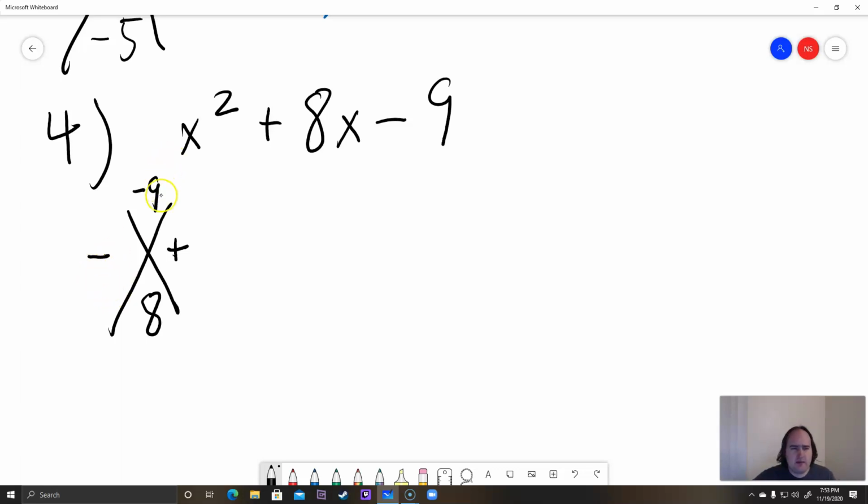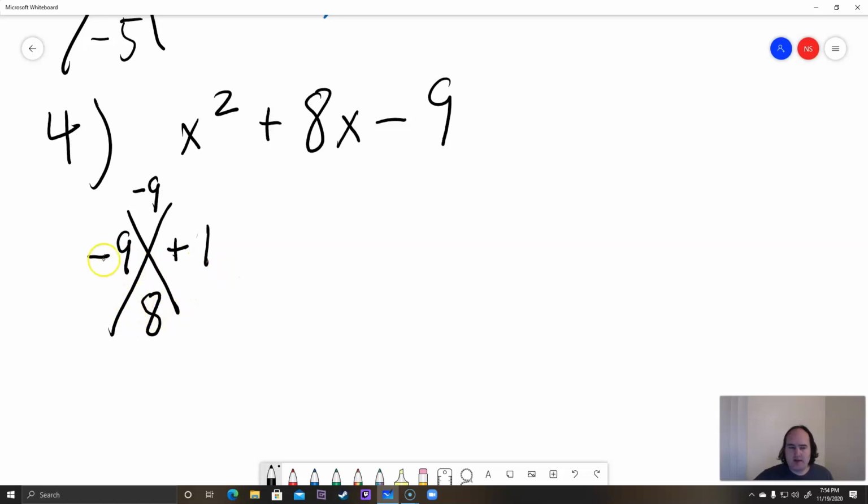But if you think about the numbers that multiply to 9, you've got 3 and 3. But if you do negative 3 and positive 3, those add to 0. Those don't add to 8. So 3 and 3 is not going to work. So instead of 3 and 3, we can try 9 and 1. Because negative 9 times 1 is negative 9. But if we do negative 9 and positive 1, if you add those, you actually get negative 8.